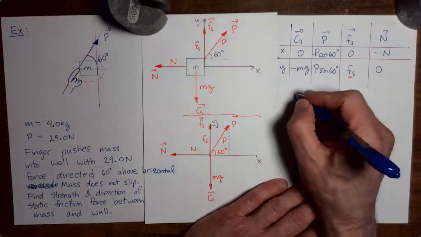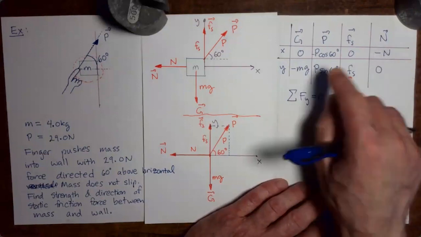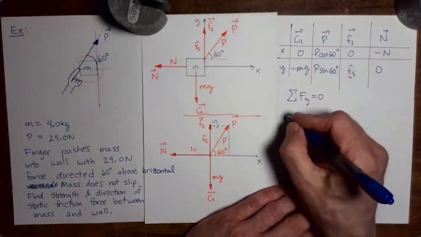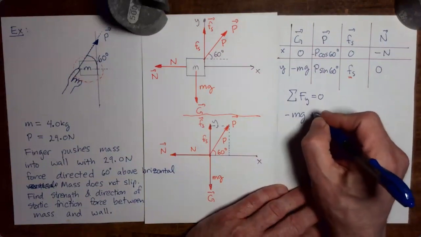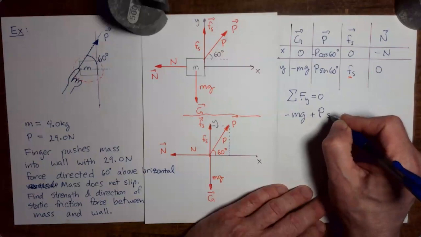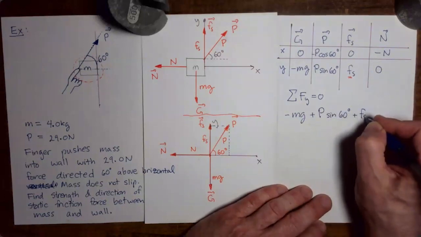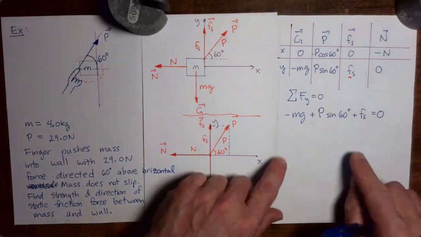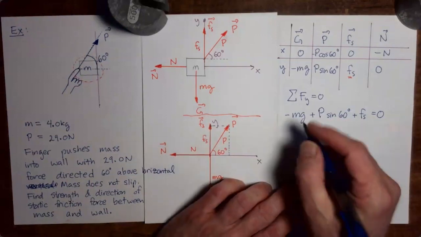So I'm going to write that the sum of the y components of the forces is 0. And now sum along that bottom row, minus mg plus p sine 60 plus Fs equals 0. Okay, so now just take those two terms there and move them to the right side where the signs reverse.